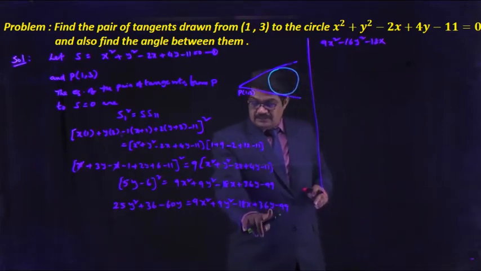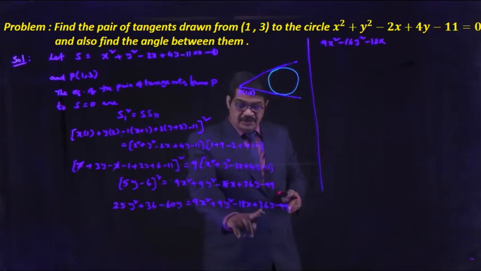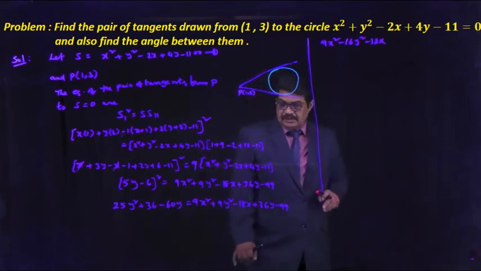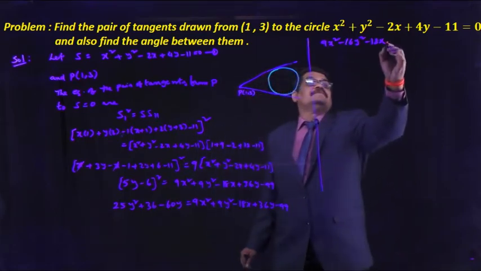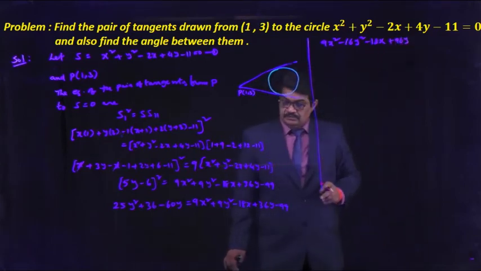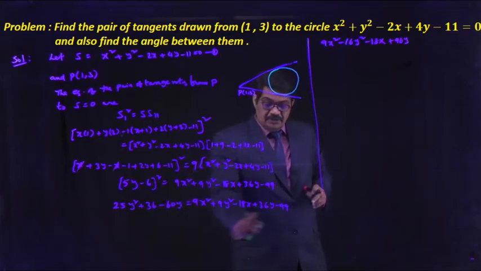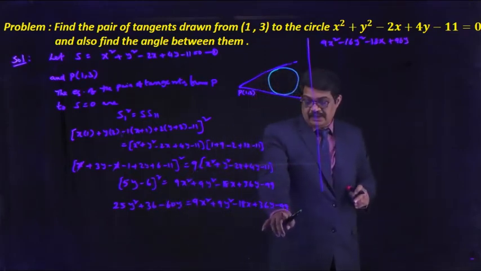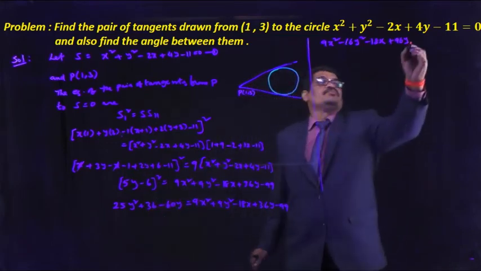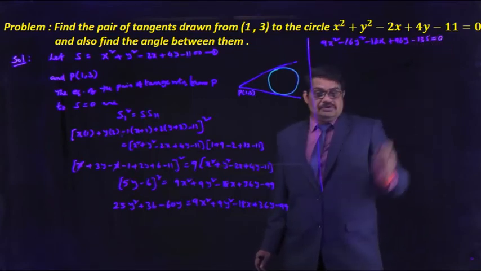Here 36y, here minus 60, moving to this side, plus 60. 60 plus 36, that is 96y. Okay. Next, what is the constant here? This is 36, here minus 99. Minus 99 minus 36, minus 135 is equal to 0.